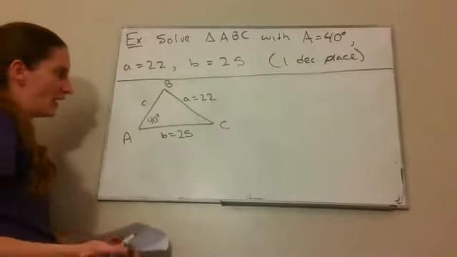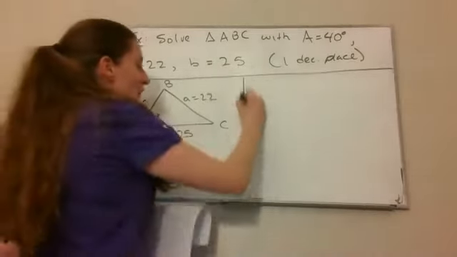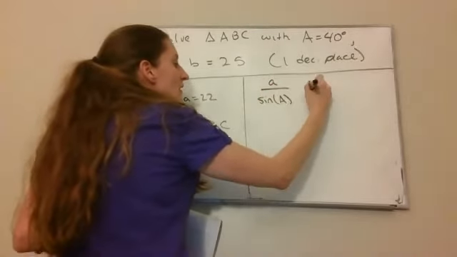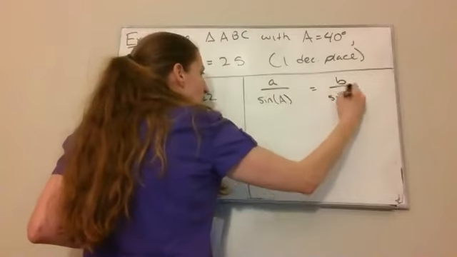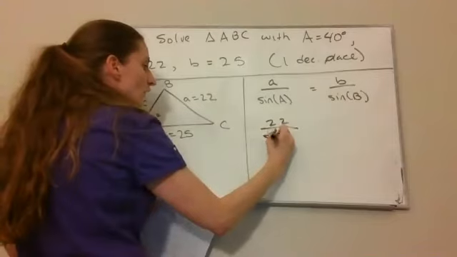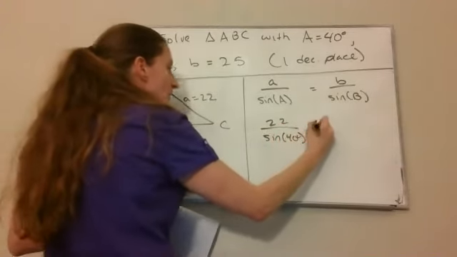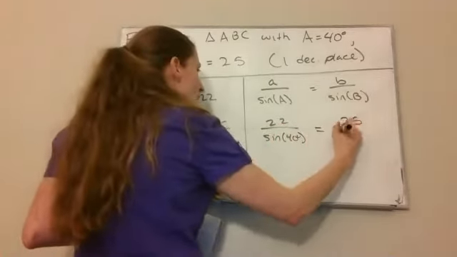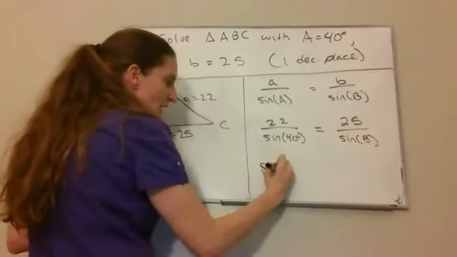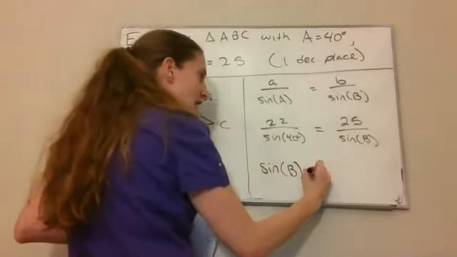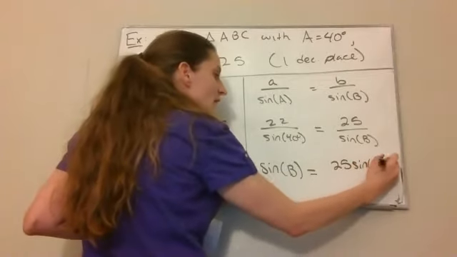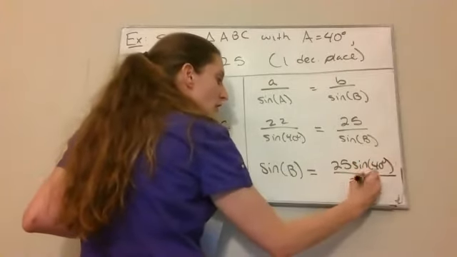So let's start by finding angle B. Using my law of sines, I know A over sine of A is equal to B over sine of B. So I have 22 over sine of 40 is equal to 25 over sine of B. And that tells me that sine of B is equal to 25 sine of 40 degrees all over 22.